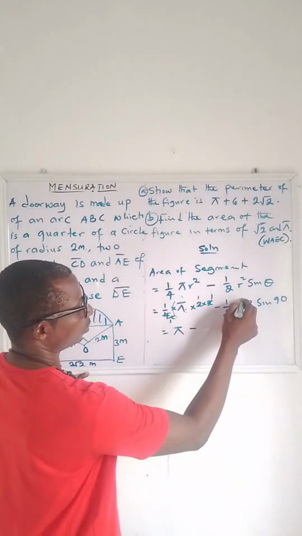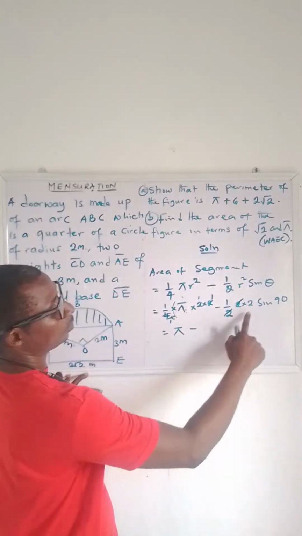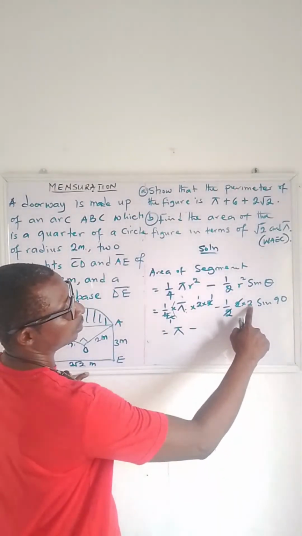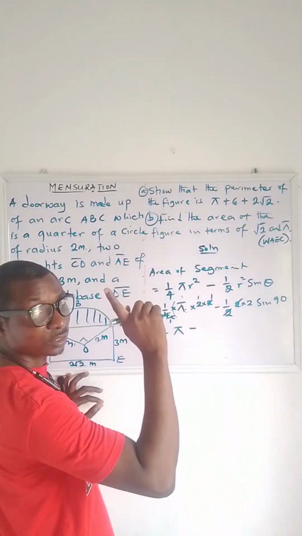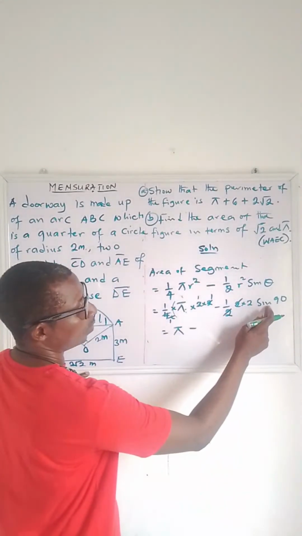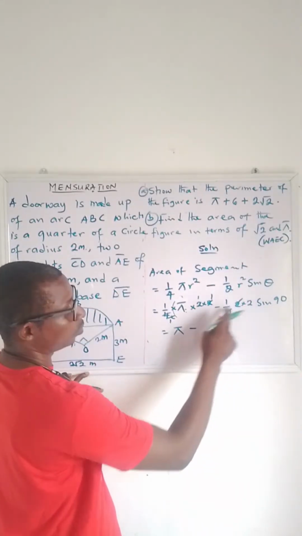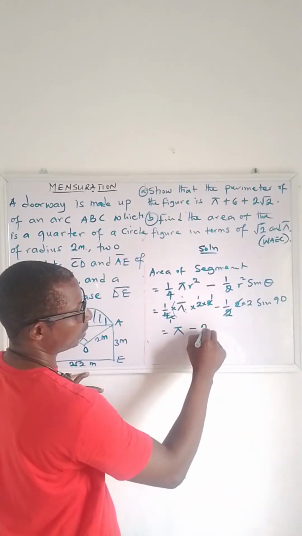Now these 2 cancel these 2. Don't forget, sine 90 is 1. So that 1 multiplied by 2 gives 2, but we have a negative, so that's going to be minus 2.